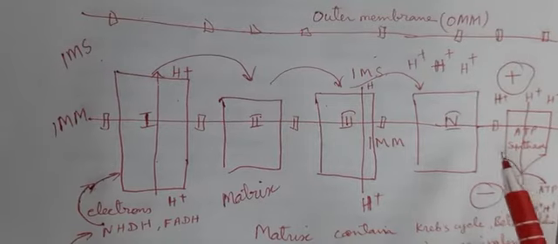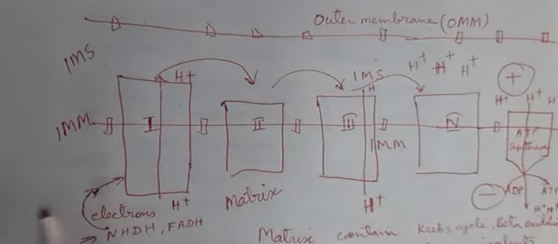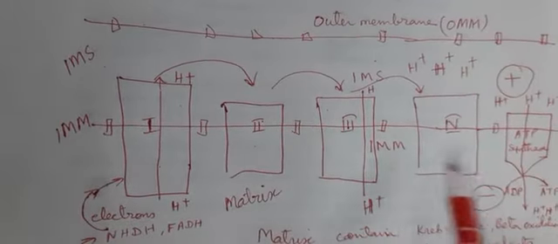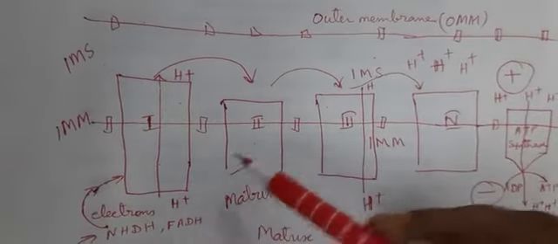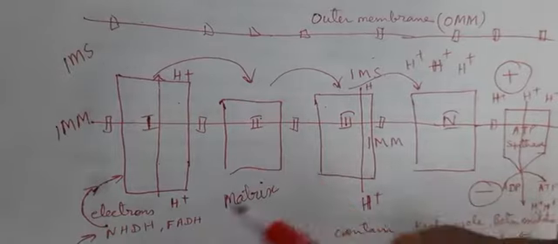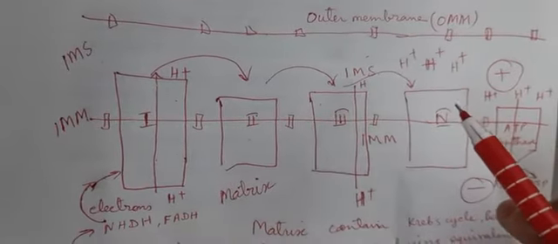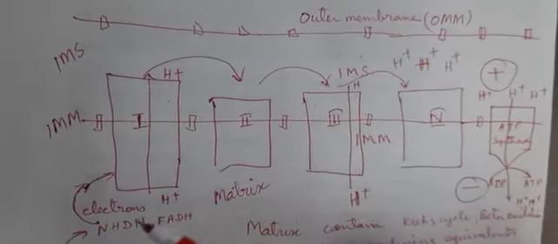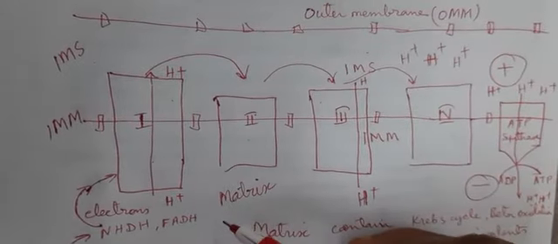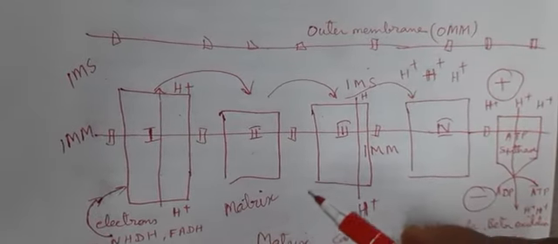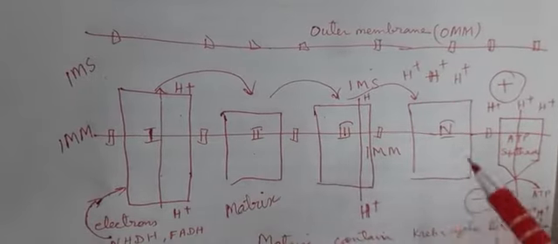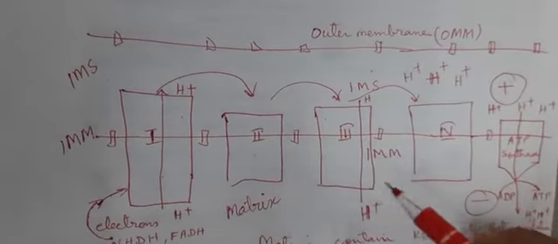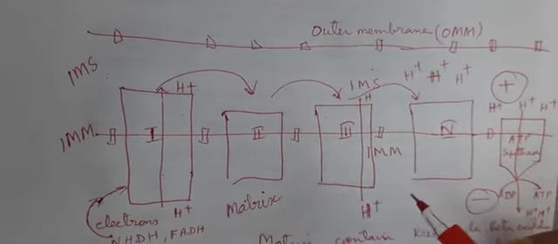Now these complexes are located, as I have told, on the inner mitochondrial membrane, and they are polypeptides, means the proteins, the enzymes which are involved in the transport of the electrons. So these polypeptides originate from 13 proteins which are encoded by mitochondrial DNA.